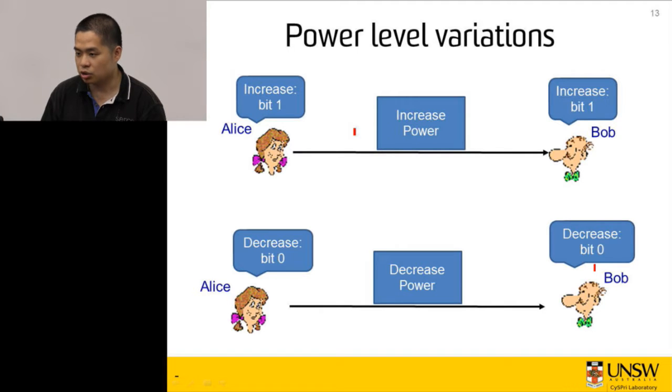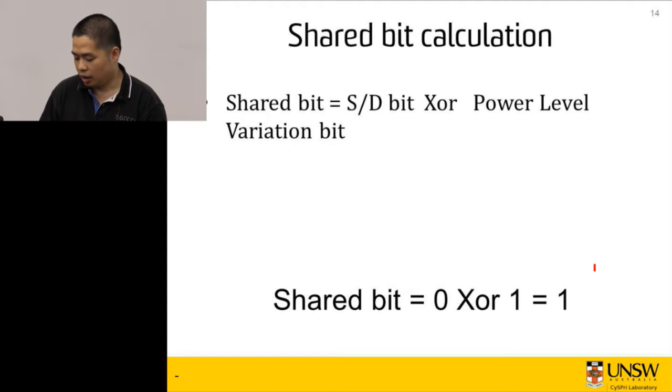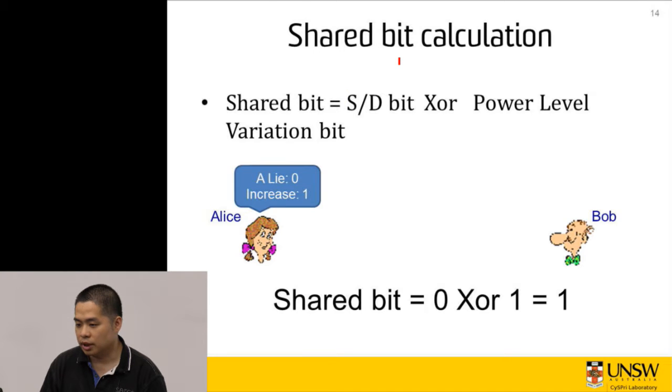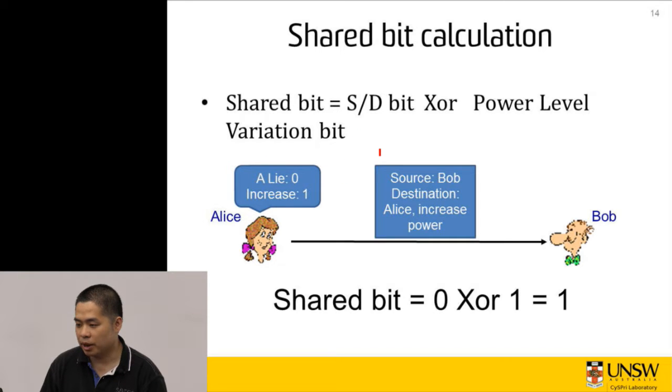So there's another side channel. In our work, we combine those two side channel behaviors into one. The actual shared bit will be the SD shared bit XOR with the power level variation bit. For example, Alex will combine a lie, which means the SD bit will be 0, and then increase power, which means the power level variation bit will be 1, and then send this packet with that information in the packet header with the power change pattern.